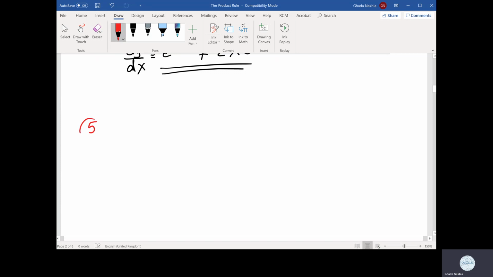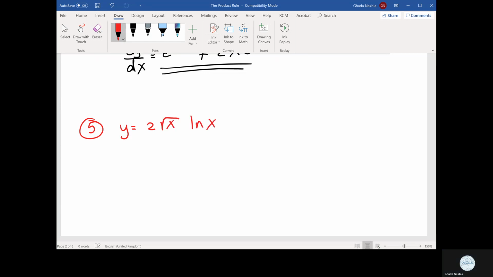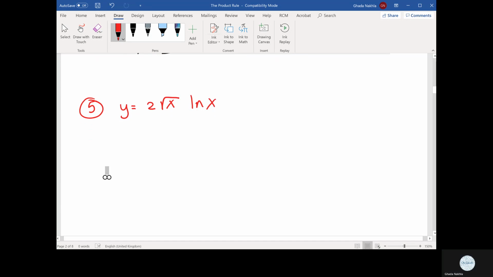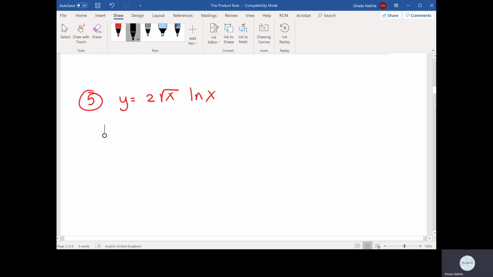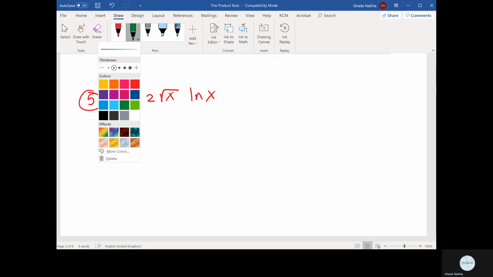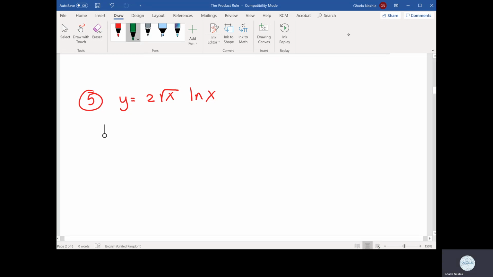Let's take a look at a different example, and let's go y equals 2 root x ln x. What's my starting point? Exactly the same as all the other examples. Let u equals one of them, so 2x to the half.